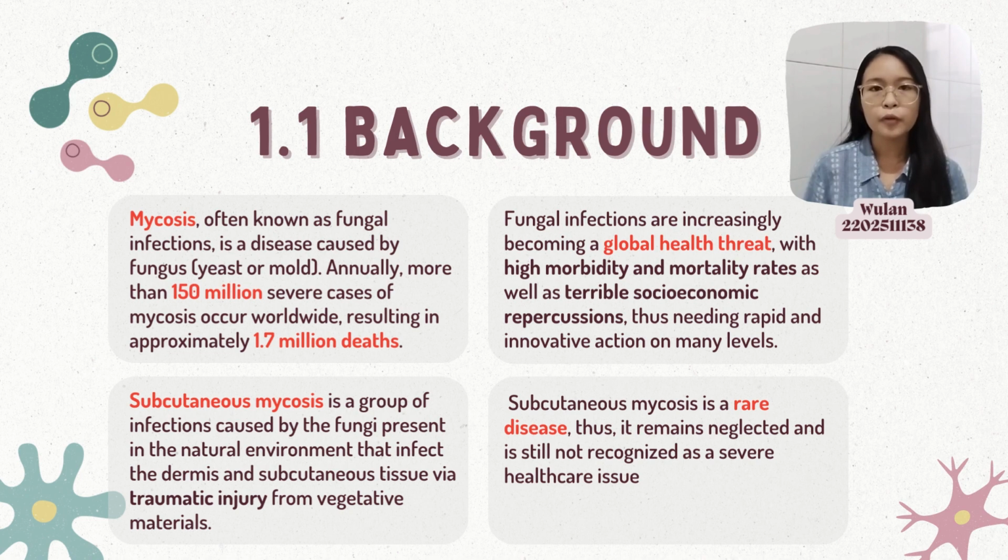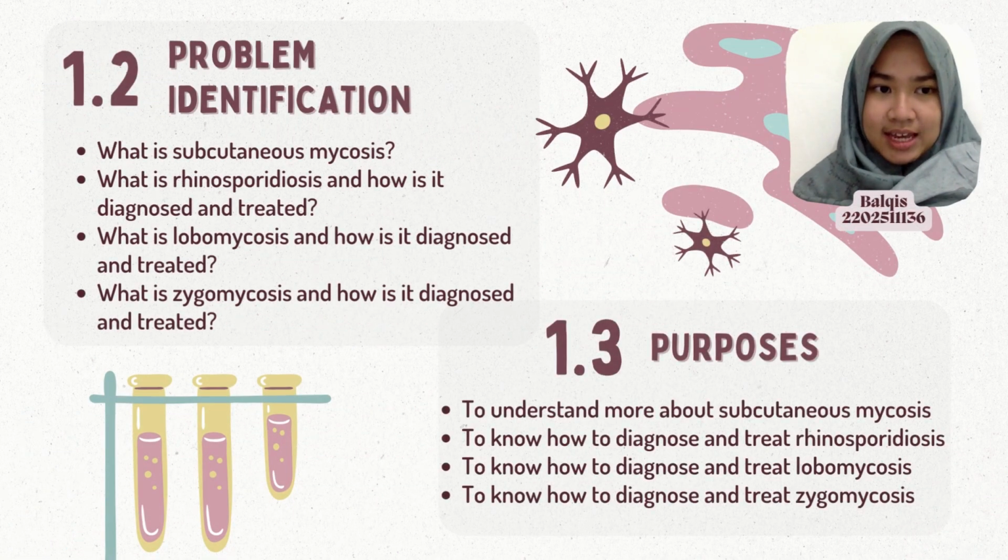In this topic, we will focus on the general overview of subcutaneous mycosis and the three types of it, namely Rhinosporidiosis, Lobomycosis, and Zygomycosis, as well as how to diagnose and treat them, thereby raising awareness of these infections both locally and globally. And the next is problem identification.